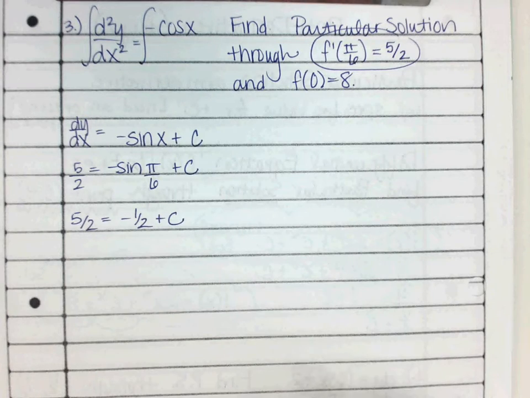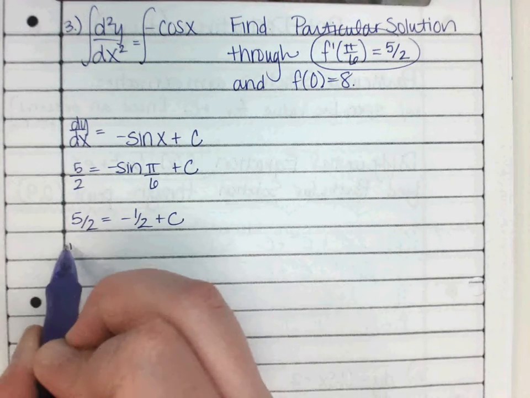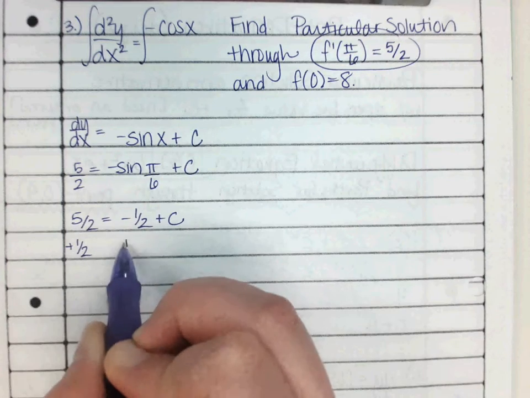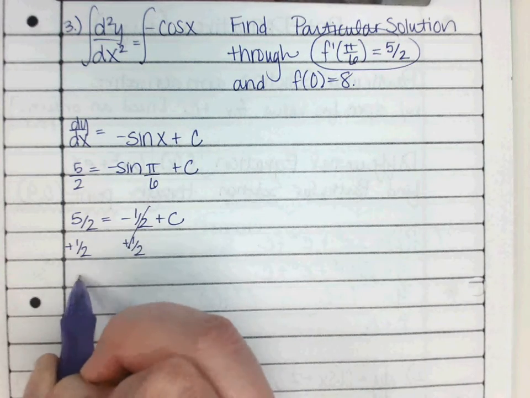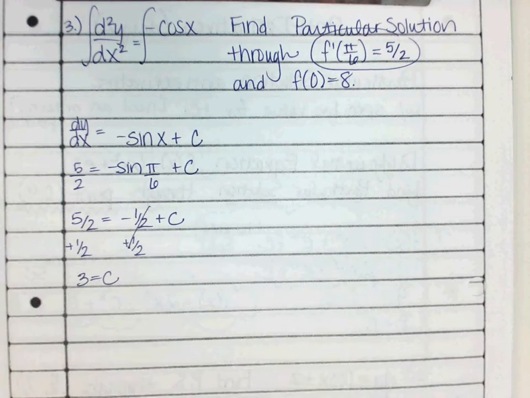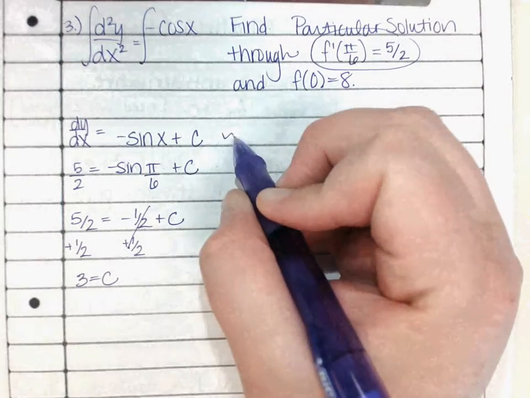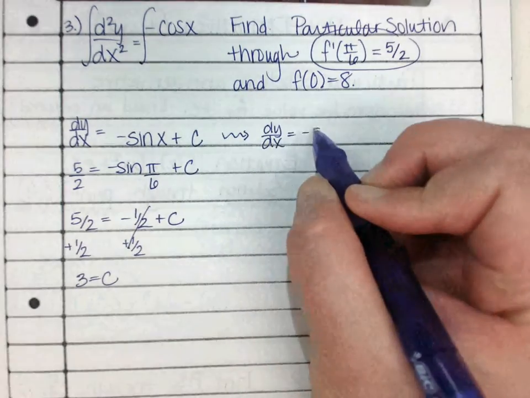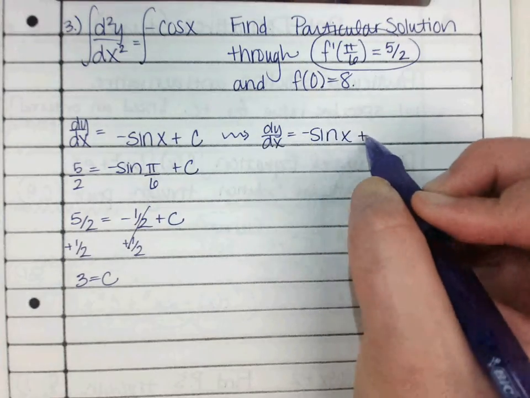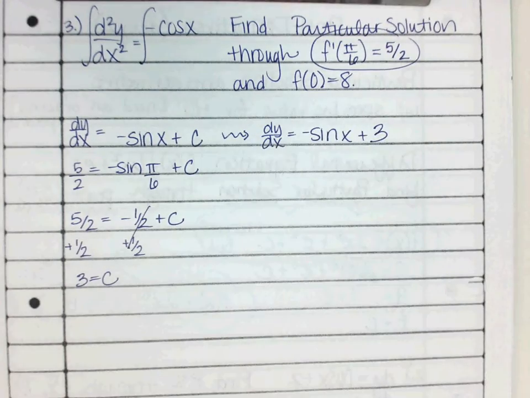Yeah, just add it back across. Good. Because 5/2 plus 1/2 would be 6/2, which is the same as 3. Everybody good to there? Okay, so what's my dy/dx now? Let's do the particular solution. It'd be negative sine x plus 3.